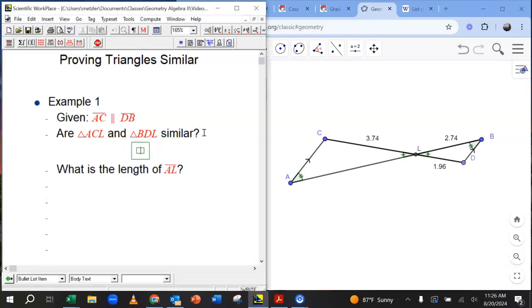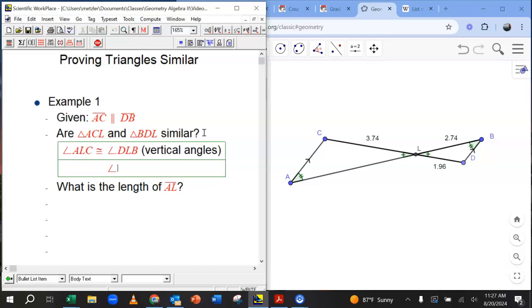We're saying that angle ALC is congruent to angle DLB. That was the first, that was the vertical angles.